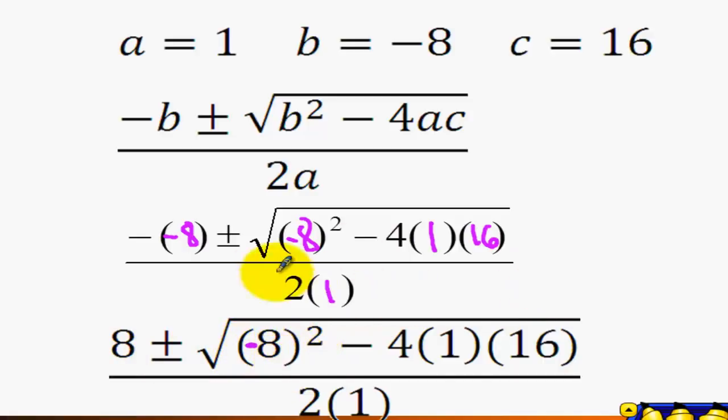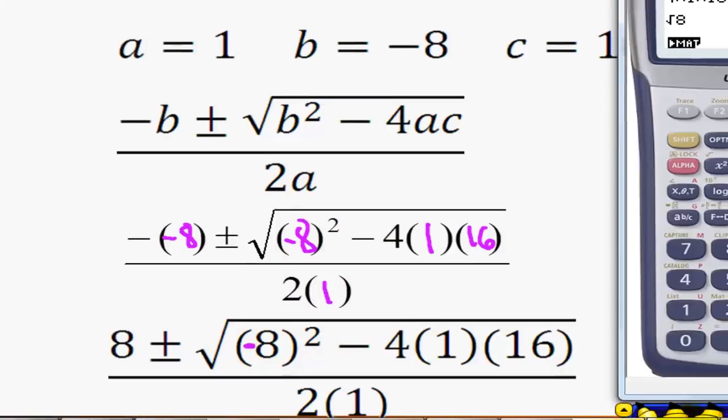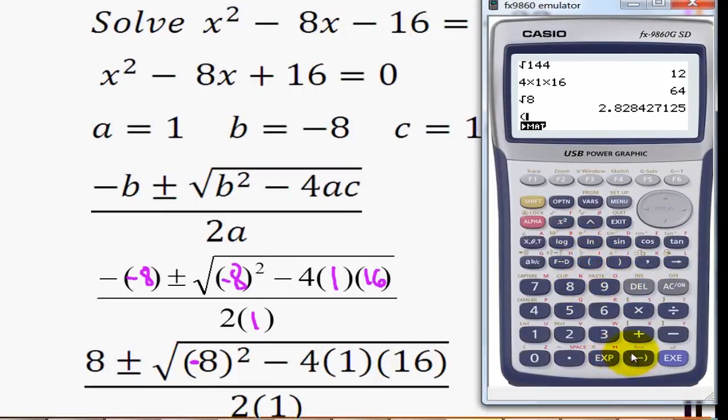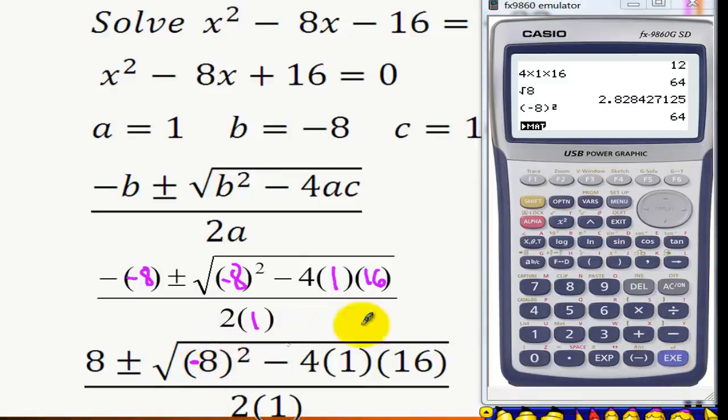Now remember, when you are using your calculator to solve for negative 8 squared, make sure that you include the parentheses. Negative 8 squared is positive 64. And then if you multiply 4, 1, and 16, it will also be equal to 64.